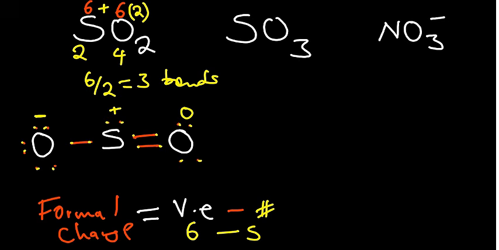Now, there's another suggestion to say sulfur can have 2 bonds on each side, oxygen, sulfur, oxygen like that. The oxygen atoms are in need of just 4 electrons in this case.